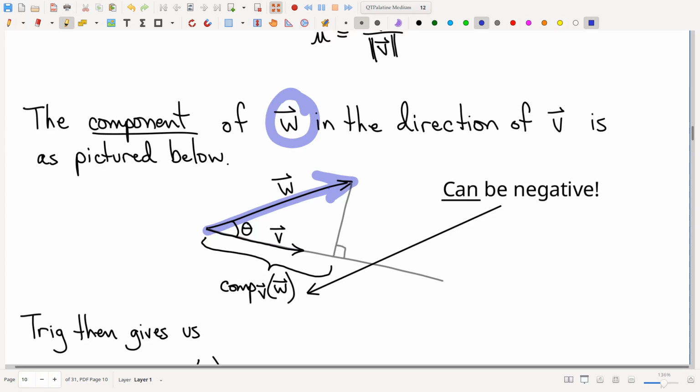What I care about is the extent to which it points in some direction, and I'm going to describe that direction by way of some other vector that we're going to call V. So V's only job here is to define a direction. What I want to know then is to what extent does W point in that direction?